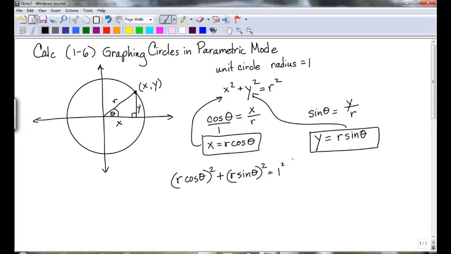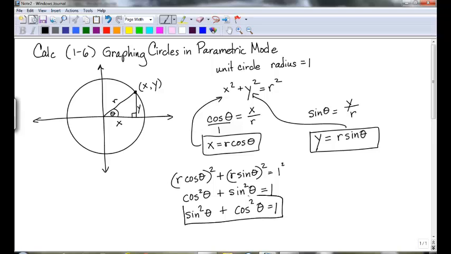And I could substitute in 1 for r. So I'm actually at cosine squared theta plus sine squared theta. And remember this? Sine squared theta plus cosine squared theta equals 1. That's one of the 8 fundamental identities that you learned last year.